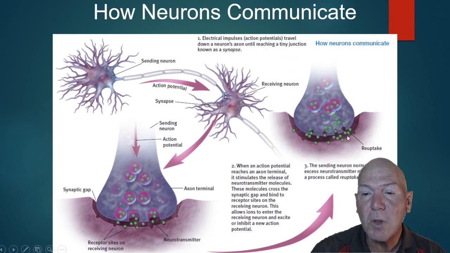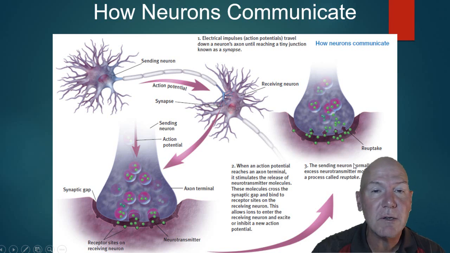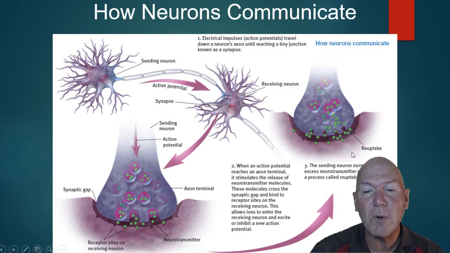The reuptake is blocked, so these remain in the synapse. So once this goes through its refractory period, and is at its resting potential, these neurotransmitters are available again to make this fire. So it's like you have more serotonin. You don't have more in this case, it's actually just more efficient because it doesn't get sucked back up. So that process again is called reuptake, where it just vacuums them back up.